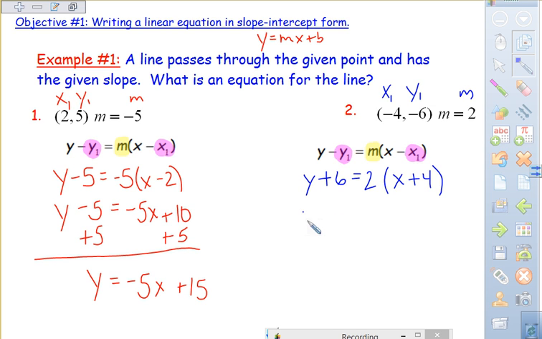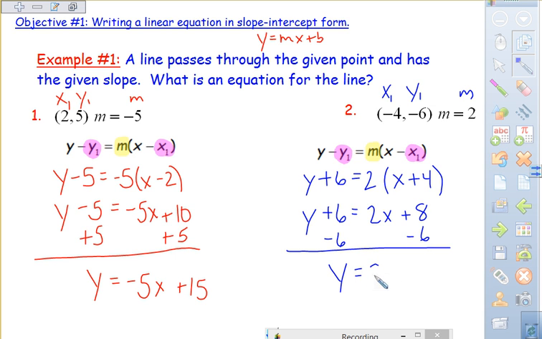So again, we're going to distribute the 2. So I get 2x plus 8. Get rid of my 6. And there's our answer.